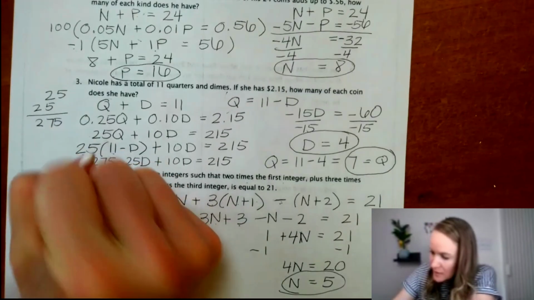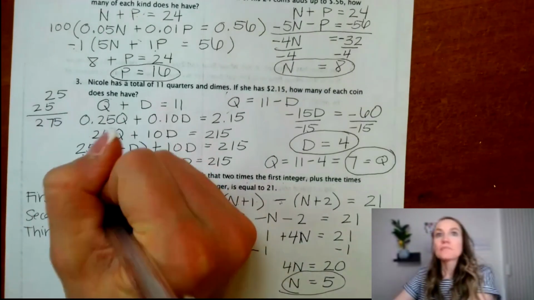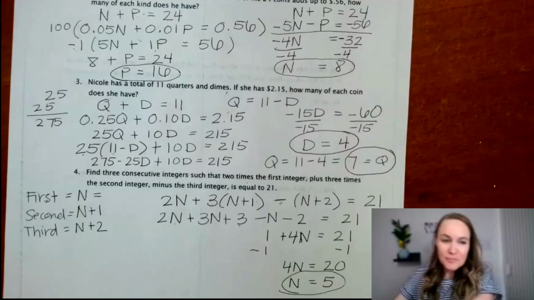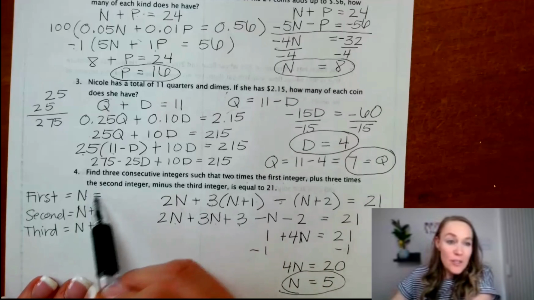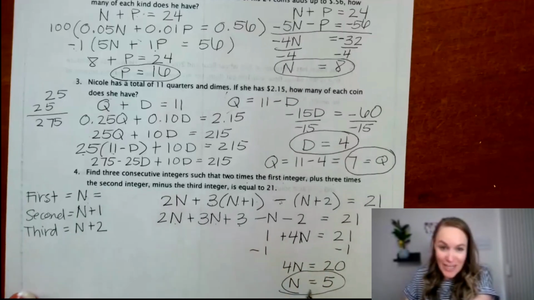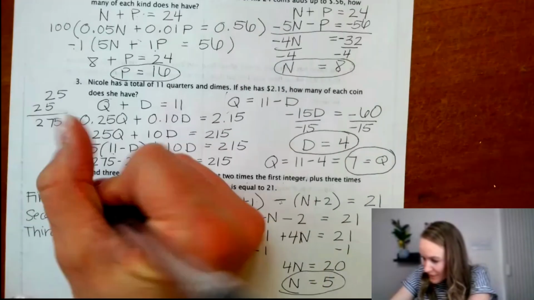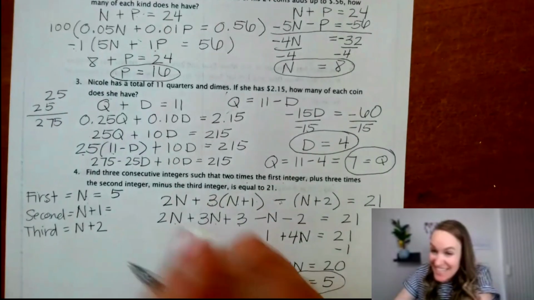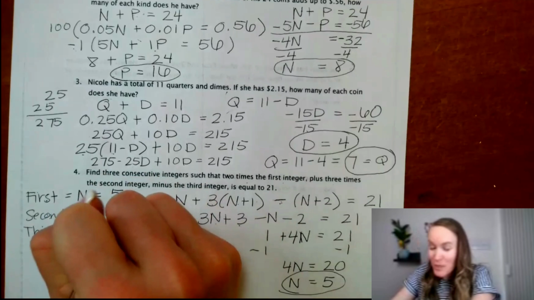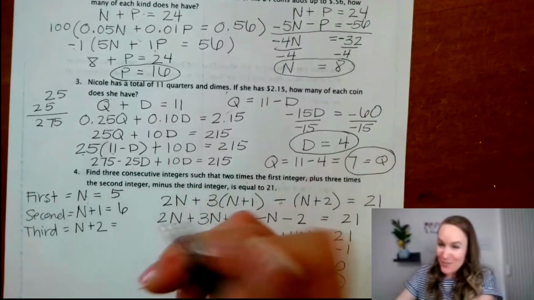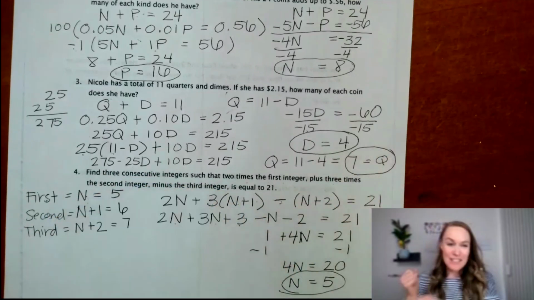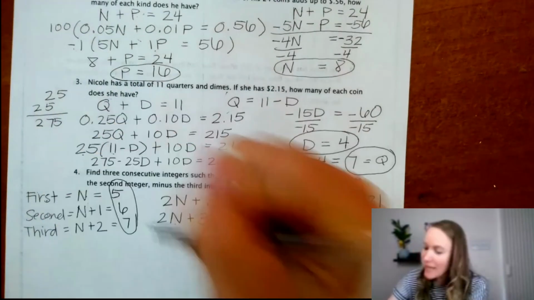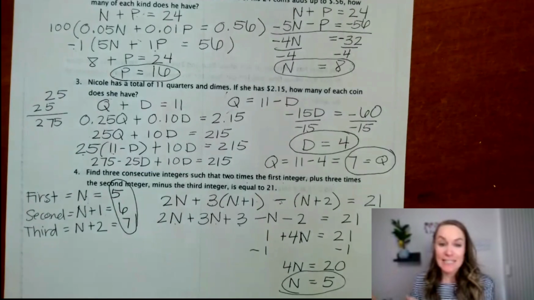So my first consecutive integer is 5. And then what's my second one? 6. And my third one? 7, right? So this is actually my answer, 5, 6, 7.